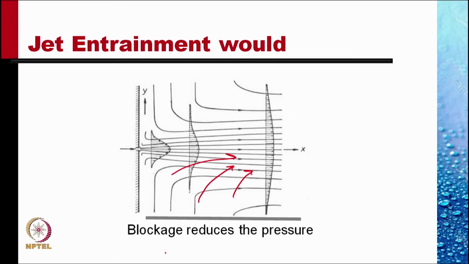The blockage does not let this air move in from below, and so there is a reduction in pressure because of blockage and the viscous action combined together. So these are viscosity driven flows. A Bernoulli equation would not really apply.